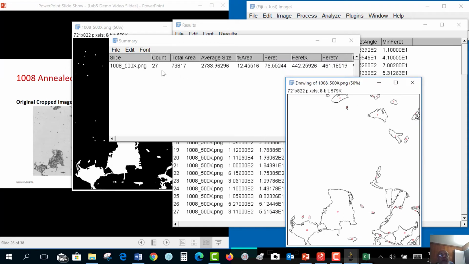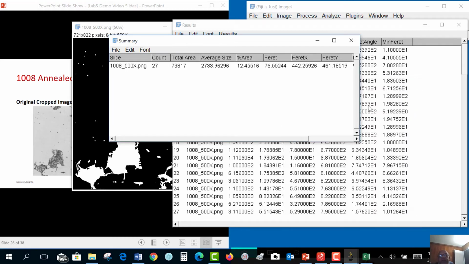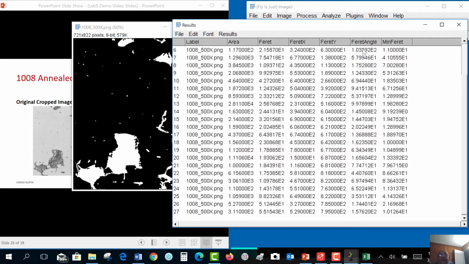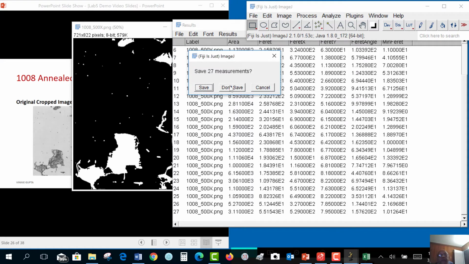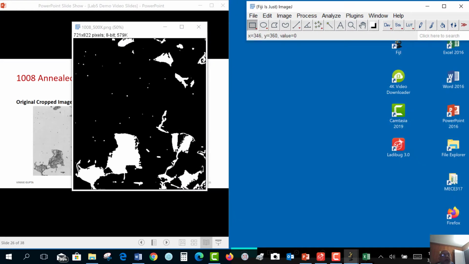So now I have only 27 particles and the percent area is 12.46. So we are going to round it up to 12.5. But this is what I measured.